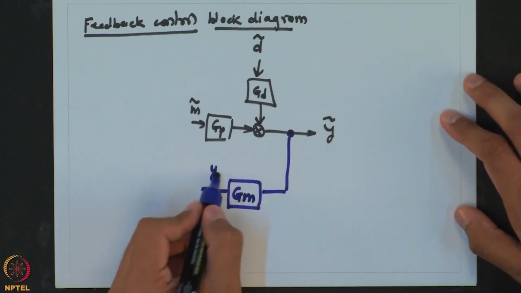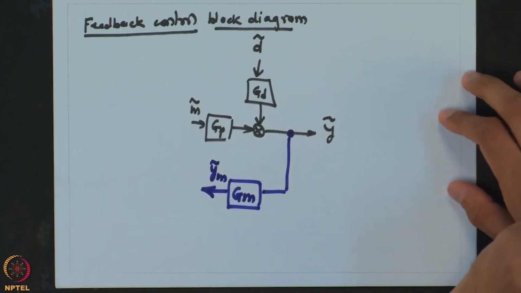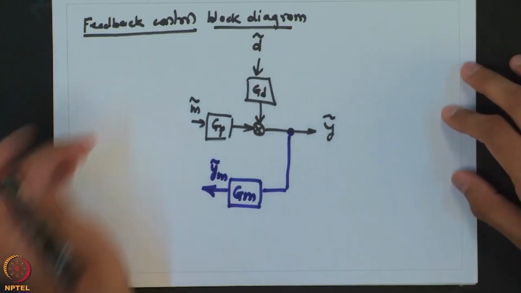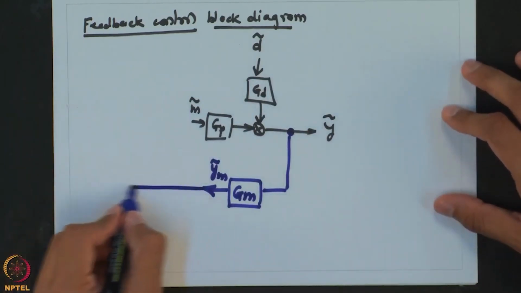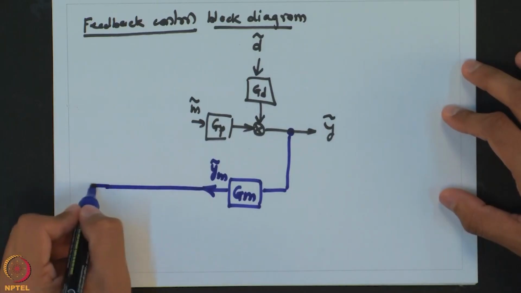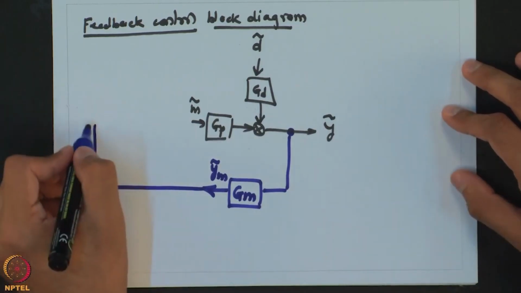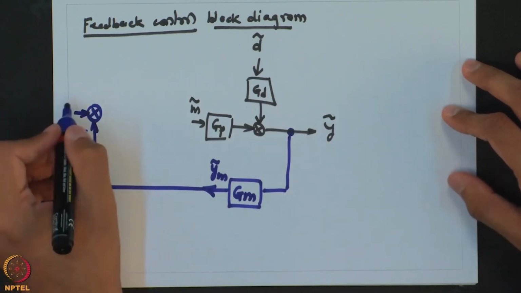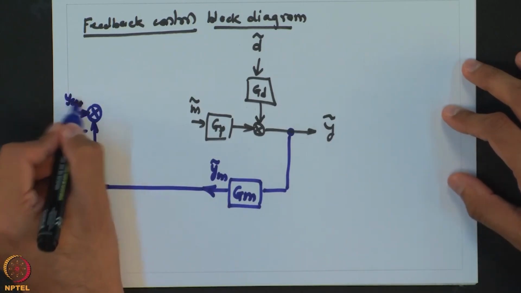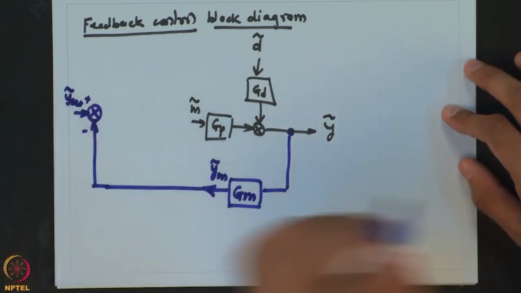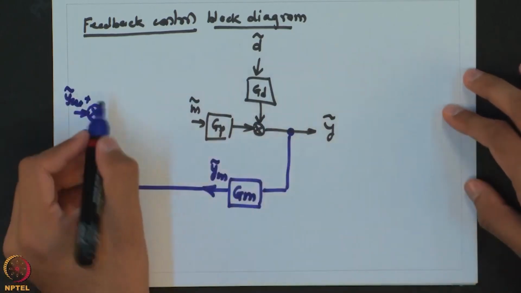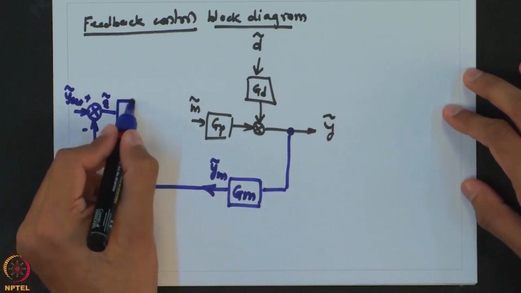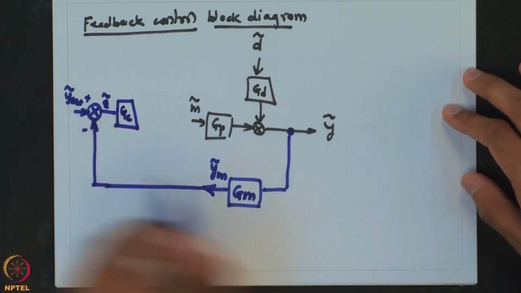What we get is the measurement value, which ideally you want to be representative of the actual control variable value, and this measurement then gets compared with the desired value. So, let us say this is y set. We will compare it with the desired value, and then the difference of that is called the error signal, and that error signal goes to the controller.